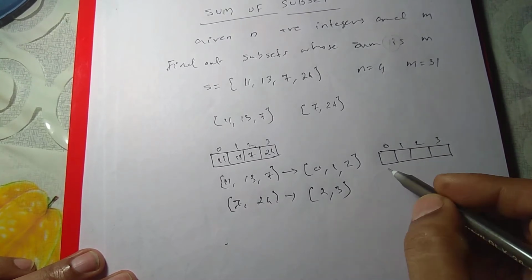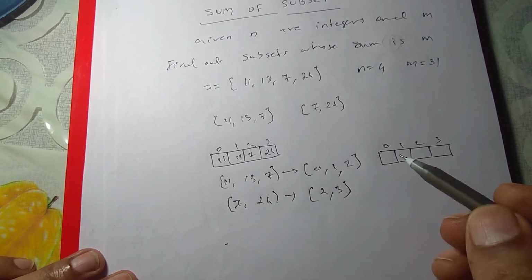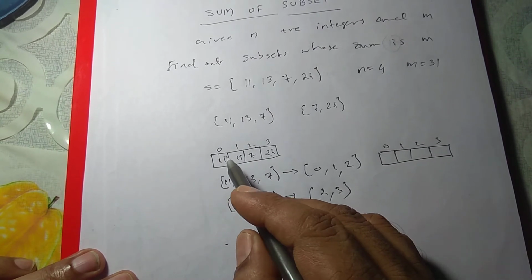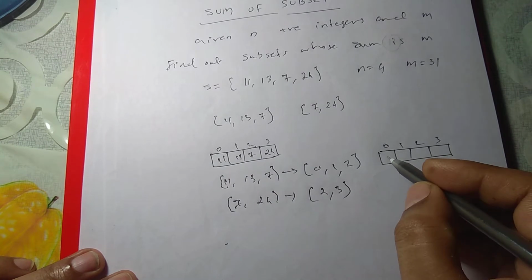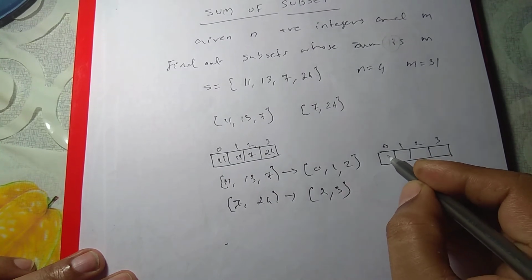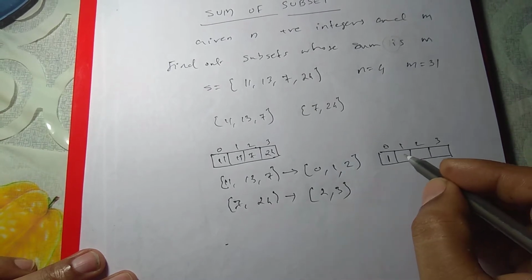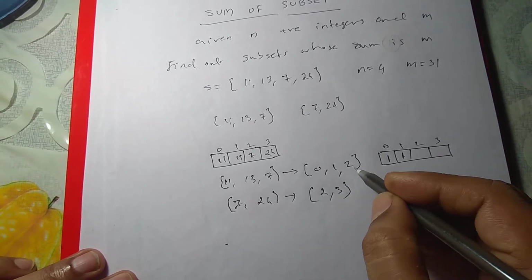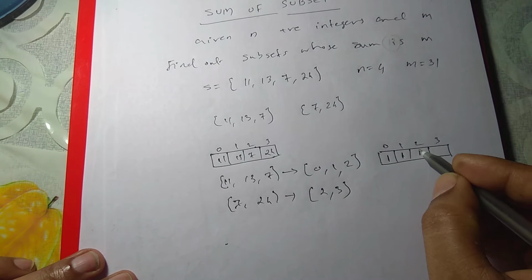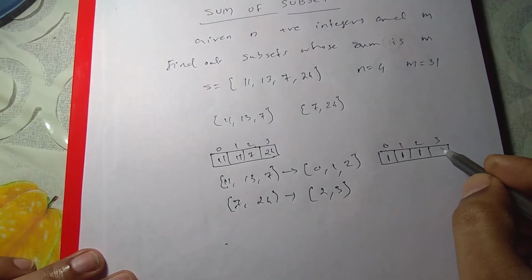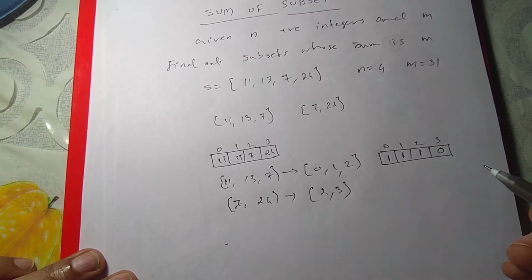In 11, 13, 7, the element with index 0 is used, the element with index 1 is used, and the element with index 2 is used. 24 is not used, so for its index 3 we will put a 0 there.